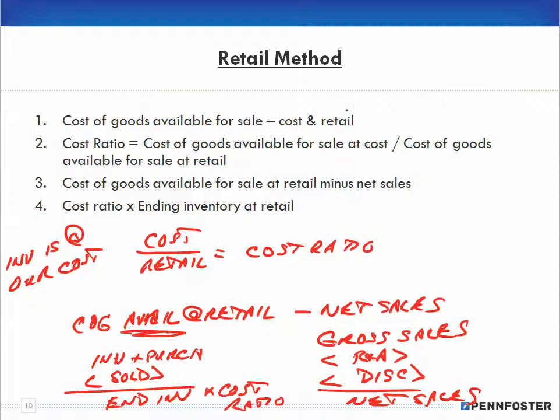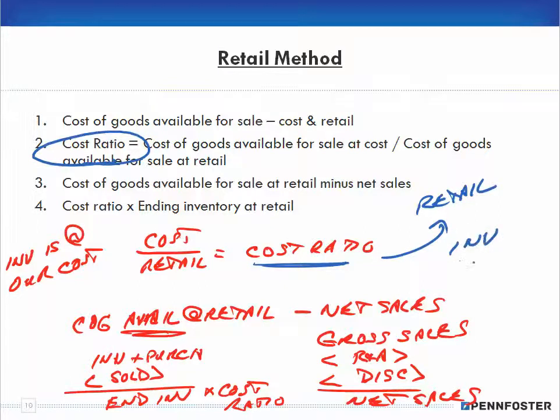Well, if we have the retail figures, by creating the cost ratio, we can apply that cost ratio against our retail in order to figure out what our inventory is at cost. Okay? And so that's what the retail method is all about.